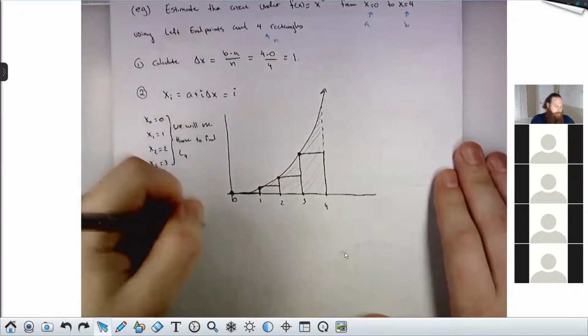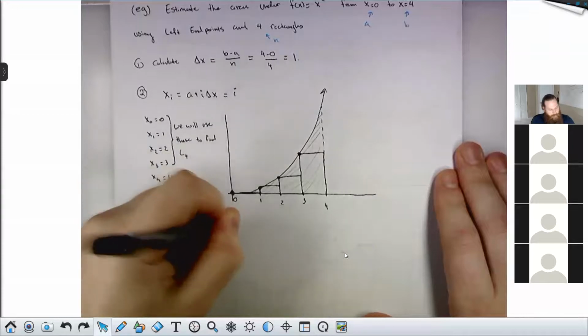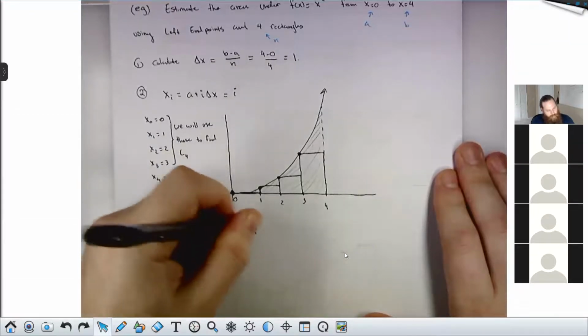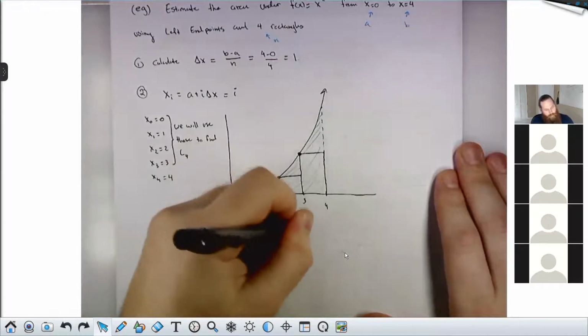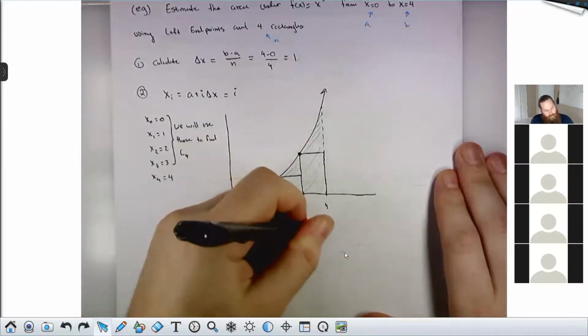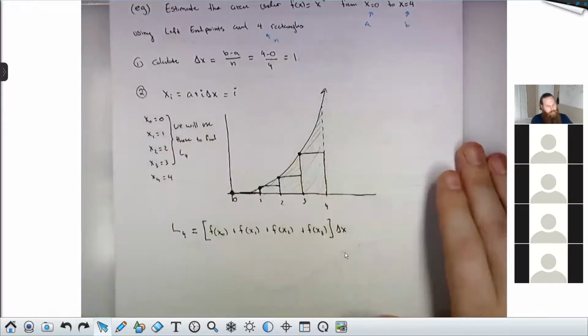L4 is f of x0 plus f of x1 plus f of x2 plus f of x3 times delta x.